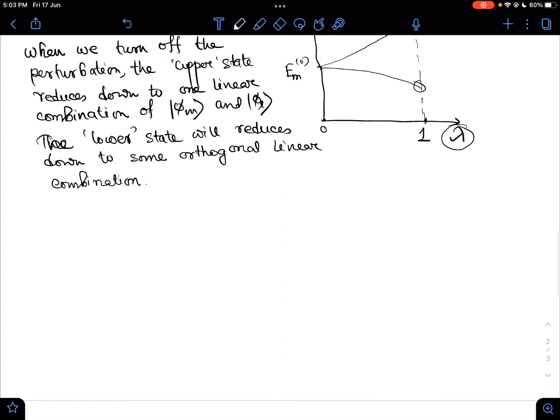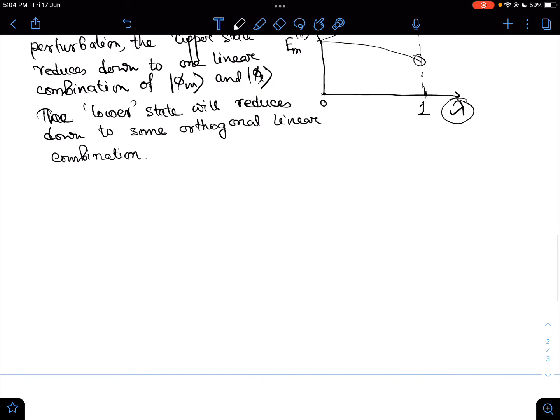But we don't know a priori what these good linear combinations are. So we can't even calculate the first order energy correction, because we don't know which unperturbed states to use. That is why we need to rebuild the theory completely.